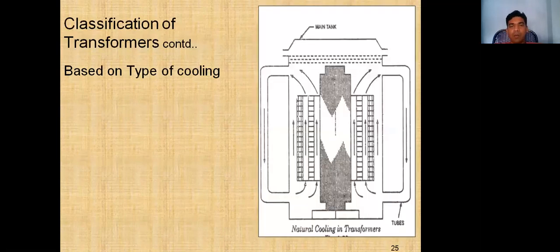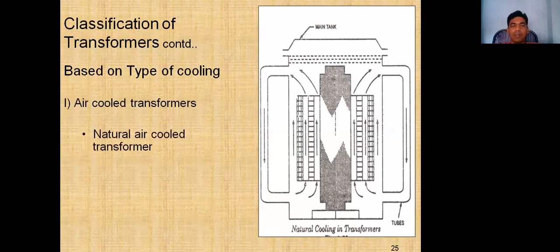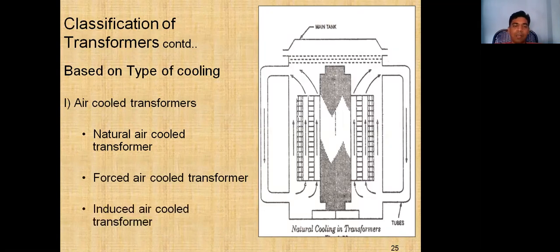And based on the cooling, if you provide natural cooling in the transformer, that is called air-cooled transformers. Air-cooled may be natural air-cooled, forced air-cooled, and induced air-cooled transformers.